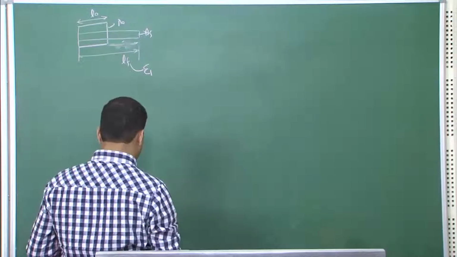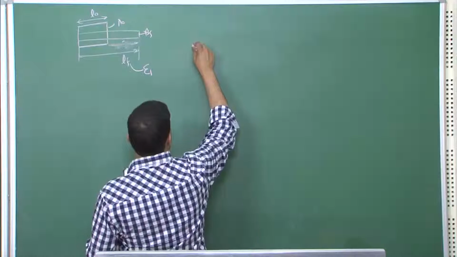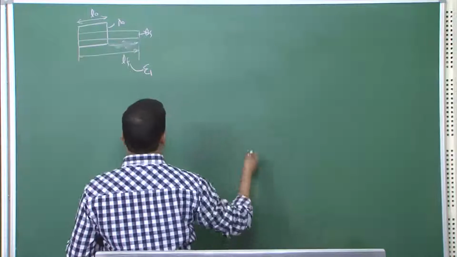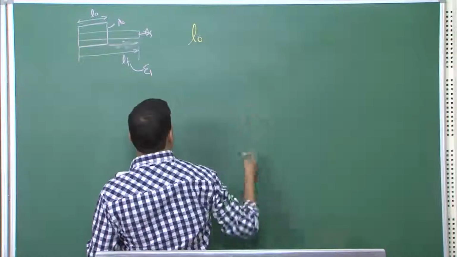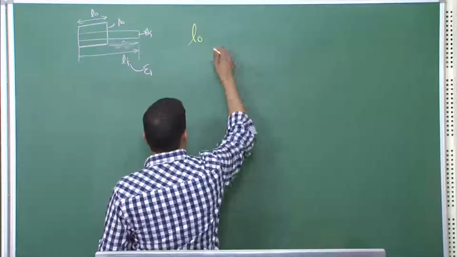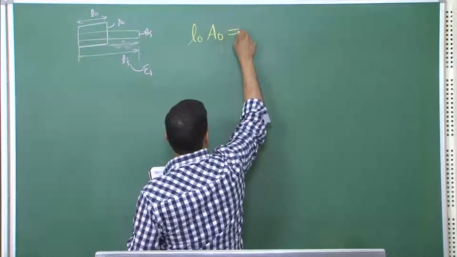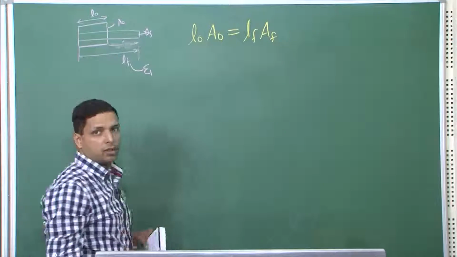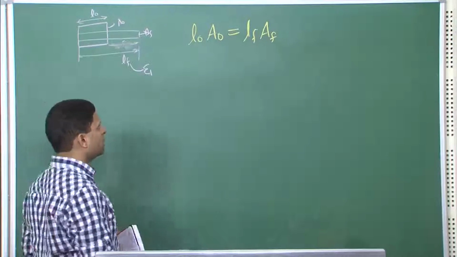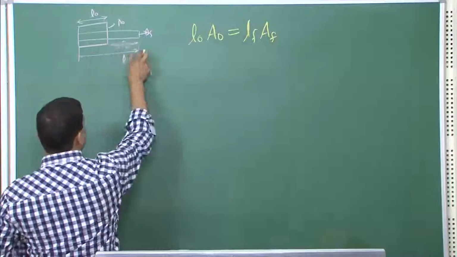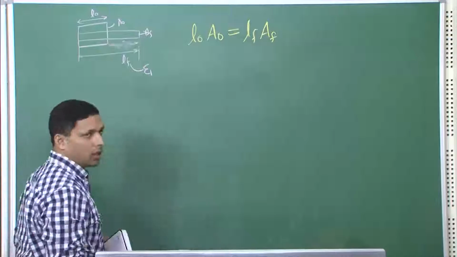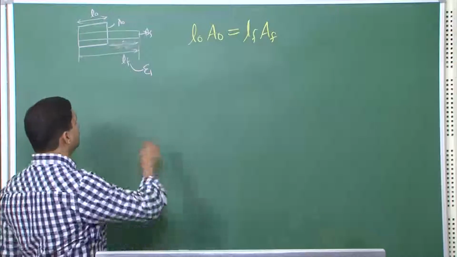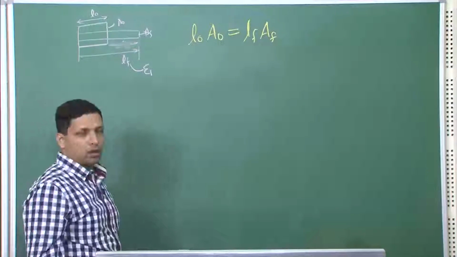So, now I can say that L naught A naught is equal to LF AF. Again, this comes from volume incompressibility. The volume cannot change. The total volume over here is the same as the total volume over here, and remember we are talking about a wire drawing kind of operation, so you can assume it is circular in shape.